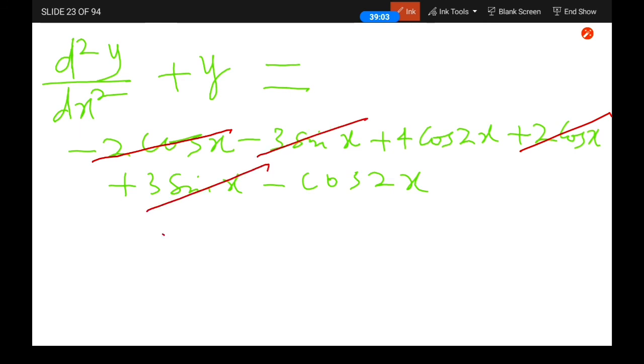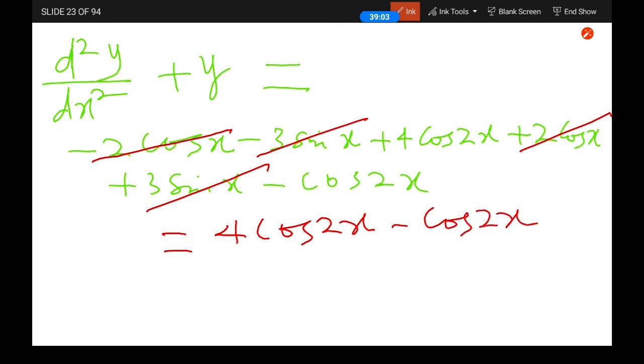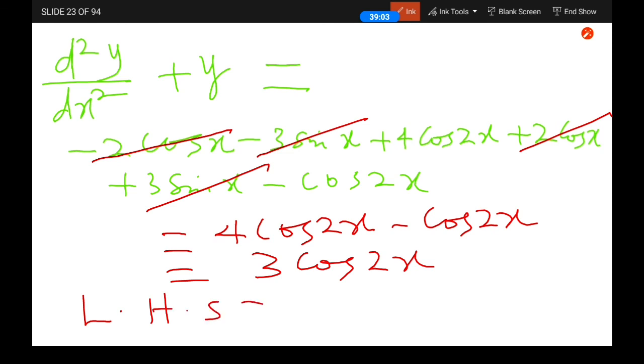So we are now left with what? 4 cos 2x minus cos 2x. And they are like terms. That is 3 cos 2x. So what do you notice there? Left hand side equals right hand side. So that is, we have shown it.